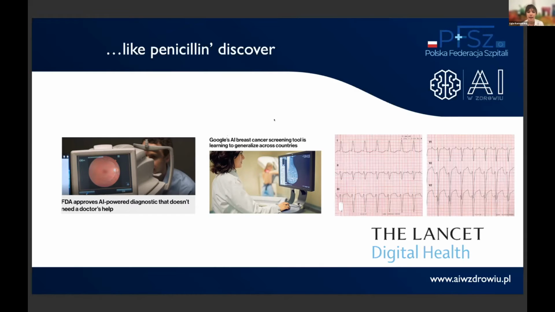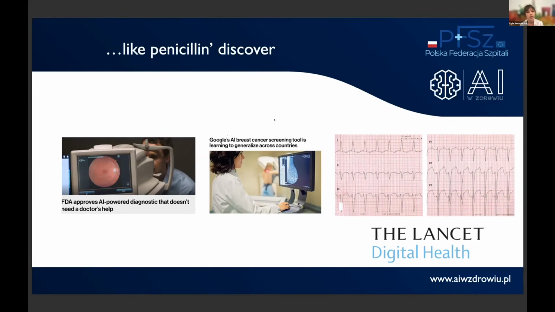Here are three examples. Firstly, one algorithm can lower false negative diagnoses in mammography and cancers by 7 to 9%. It means that only one AI algorithm can save hundreds to thousands of lives per year. And we are talking about only one algorithm.